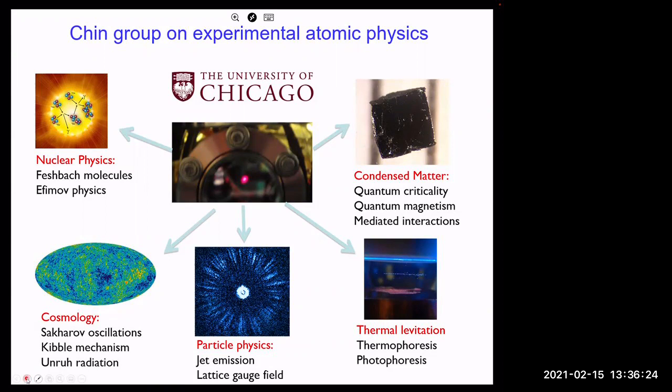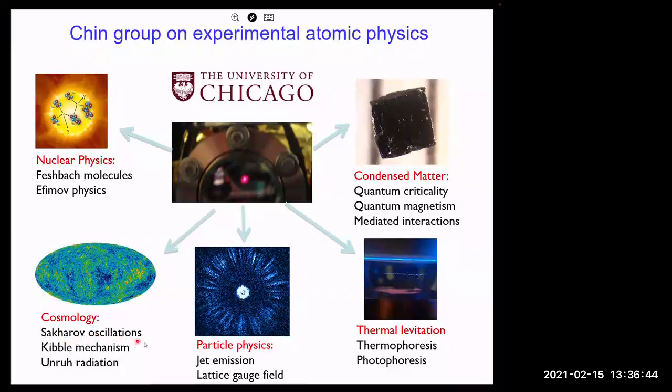Sometimes we also have some fun trying to identify new types of quantum dynamics. In the past couple of years, I've been looking into few-body bound states, related to thermophysics and nuclear physics.